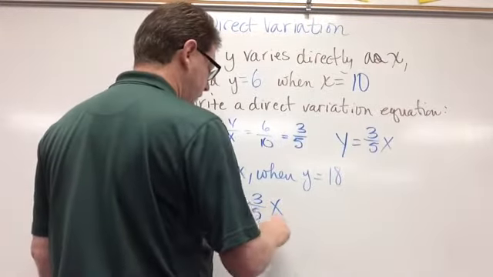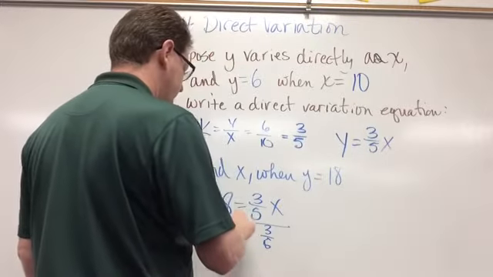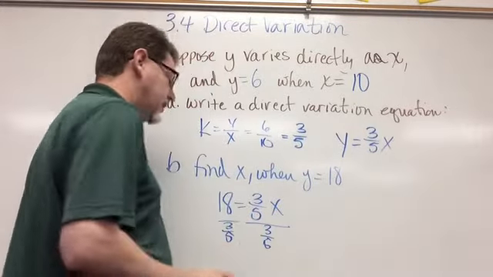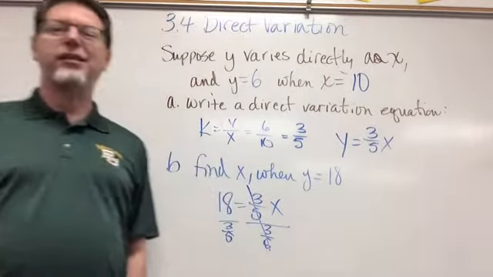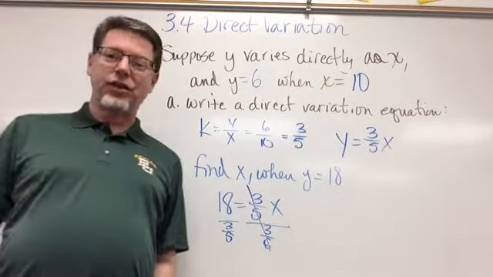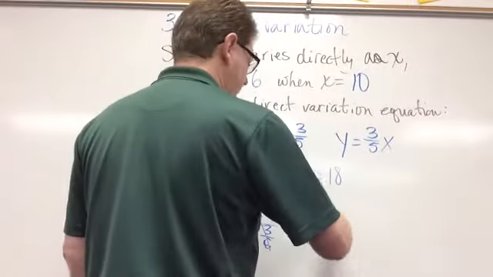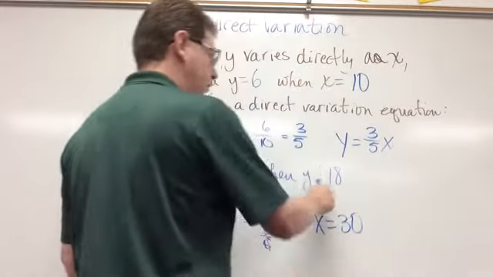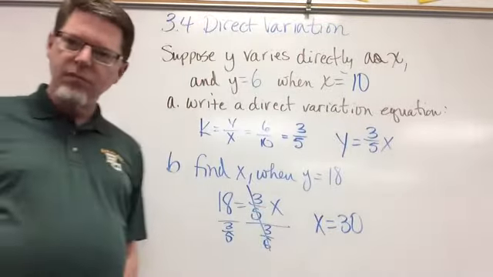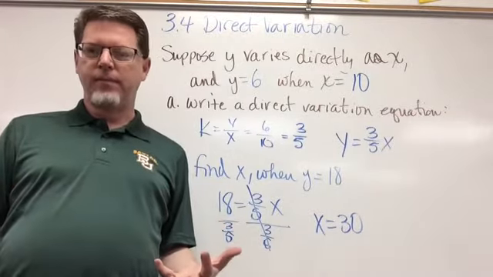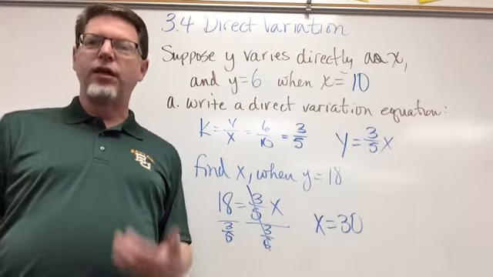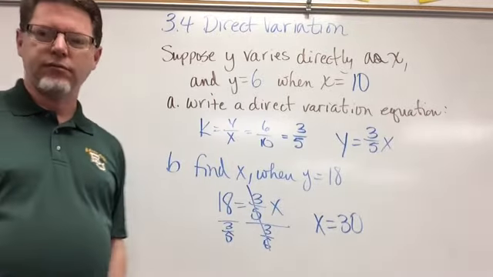Since I have a calculator, I'm going to divide by 3/5, and I know that 18 divided by 3/5 is the same thing as 18 times 5/3, and I know that's 30, so x equals 30 when y equals 18. So once I have that equation, I can find either the y or the x based on what they give me. Doesn't matter, just plug in what I know, solve for the one I don't.